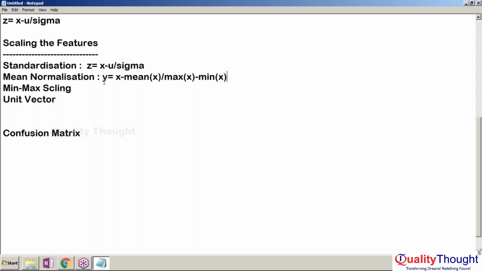This is the mean normalization. This is one type of normalization. Here we need to understand one thing: the mean mu is equal to 0 and always the distribution will lie the values between minus 1 and 1. And here the standardization and the mean normalization are used in relation to principal component analysis.